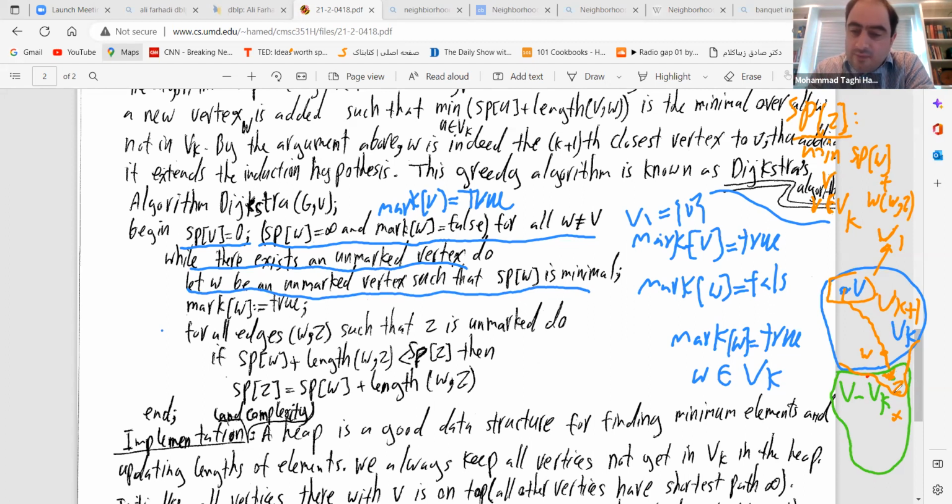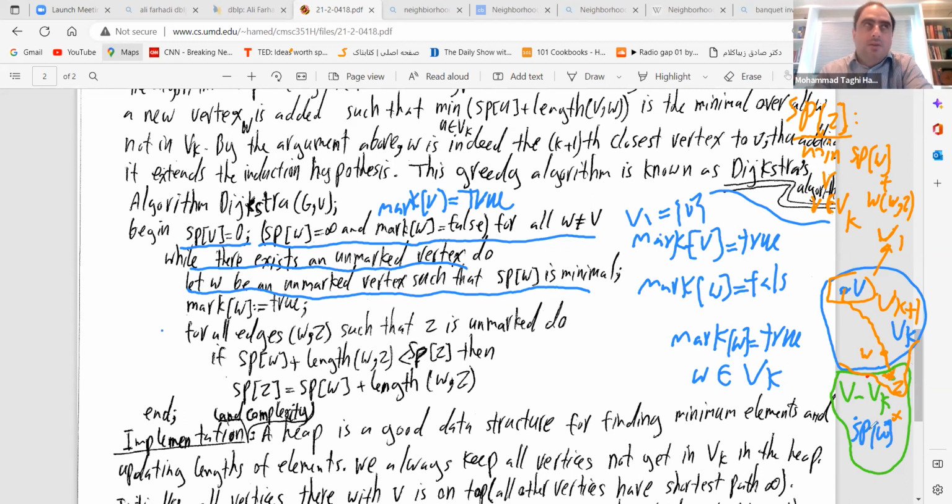yeah. So here we are finding the one vertex. So we are assuming that we have, by induction hypothesis, also we can assume that you know the SP of all vertices so far. Among those, this is the one that we computed. And we say that among all these vertices, consider the vertex W that has the minimum shortest path so far.